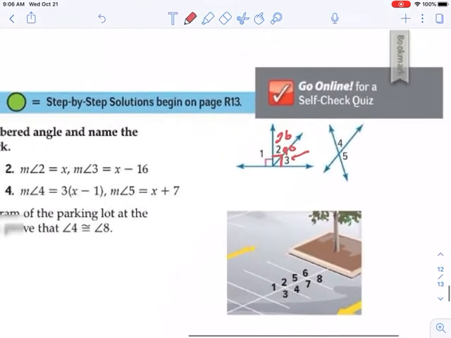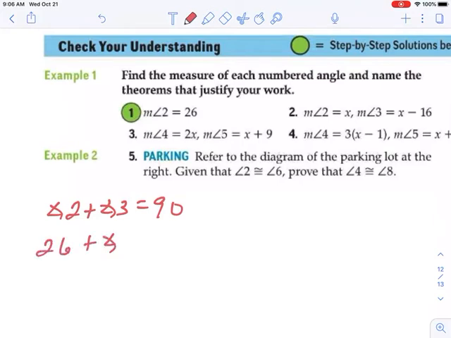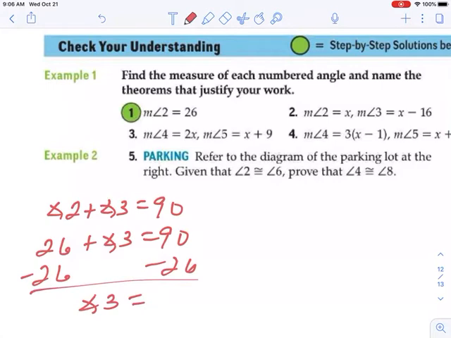So angle 2 plus angle 3 equals 90, and that'll be true all the way through. Angle 2 is 26, so we're going to subtract 26. Angle 3 is 90 minus 26, 64 degrees.